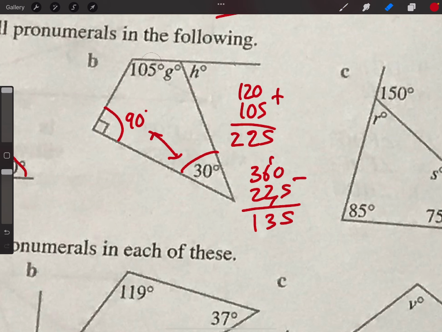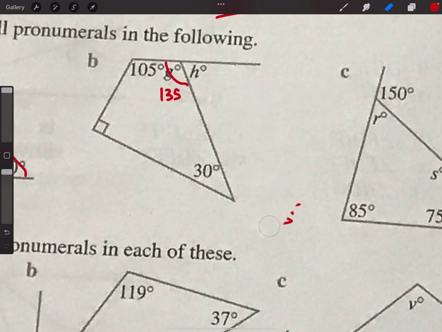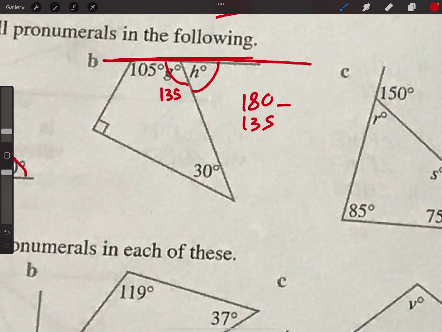So therefore G must equal 135, so this angle here, angle G, is 135. Alright, now how do we get angle H? Well, we know that G plus H makes a straight line, which is 180 degrees. So 180 take away 135 will become 45 degrees. So therefore H must equal 45 degrees for these two to add up to 180.